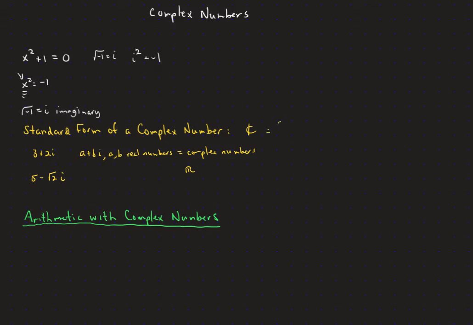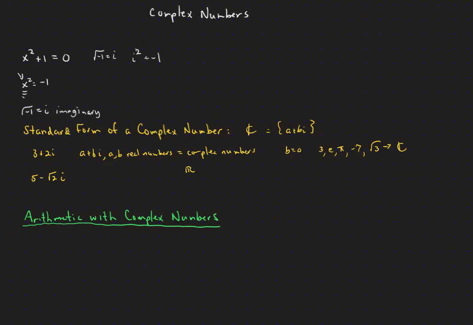That means it's everything of the form a plus bi, where a and b are real numbers. In particular, all real numbers are also complex numbers because b could be 0. So 3, e, pi, -7, square root of 3, those are all part of the complex numbers.